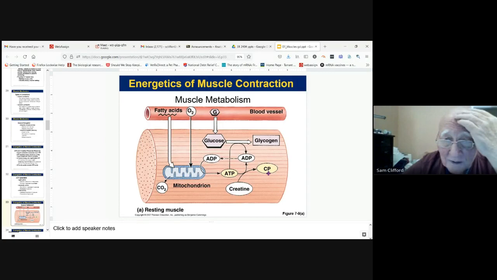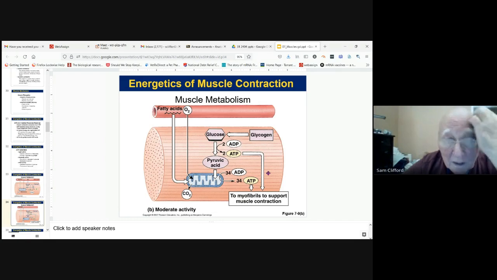also building up the supply of creatine phosphate. When we go to an active muscle, moderate activity, here glucose is broken down into pyruvic acid. ATP is produced, and when pyruvic acid enters the mitochondria, then you can produce a lot more ATP.